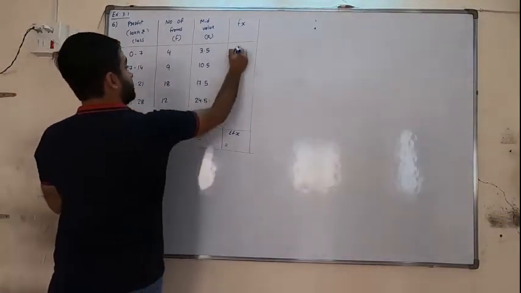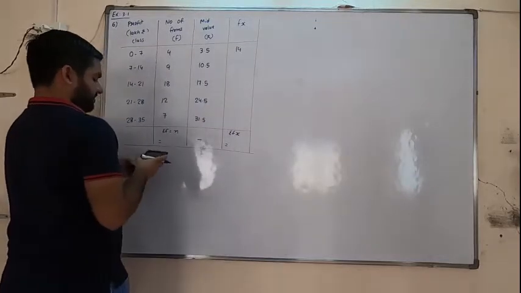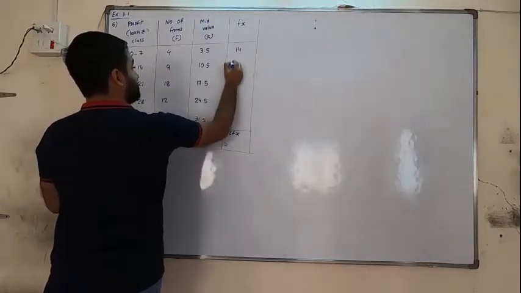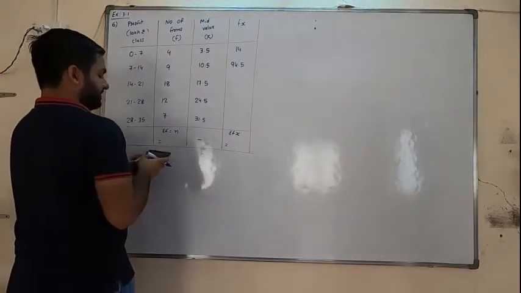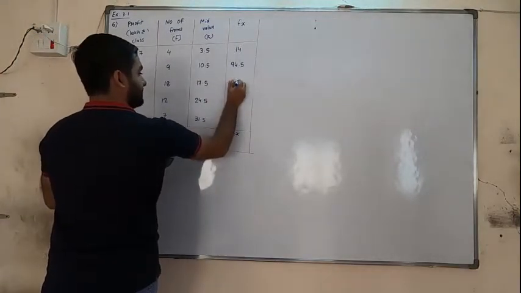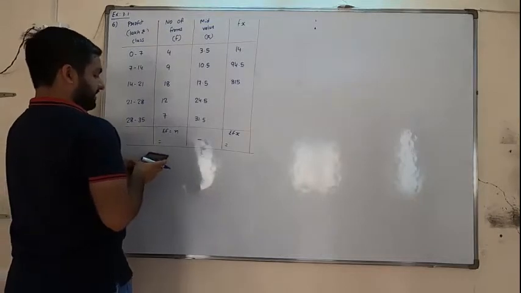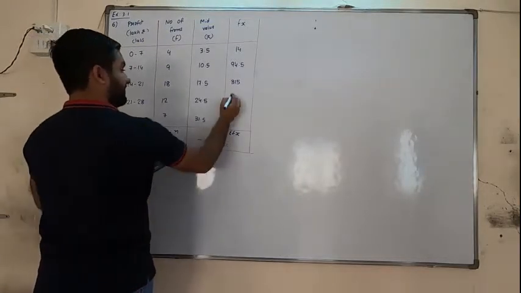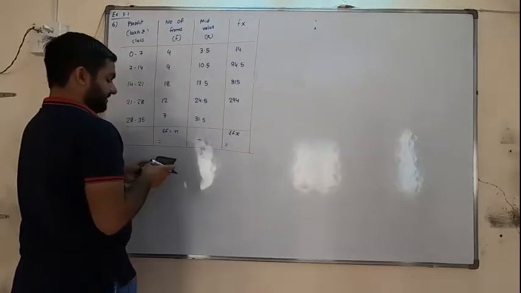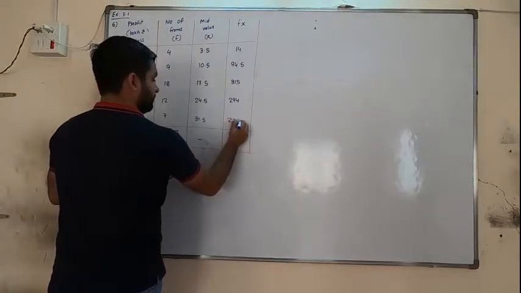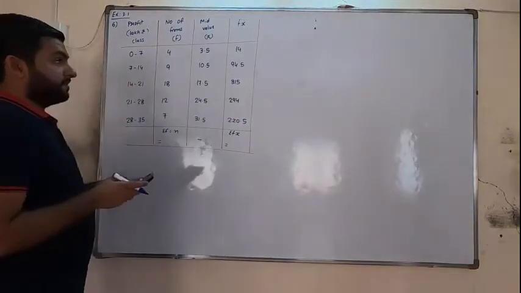3.5 into 4 is 14, 10.5 into 9 is 94.5, 18 into 17.5 is 315, 12 into 24.5 is 294, 31.5 into 7 is 220.5.